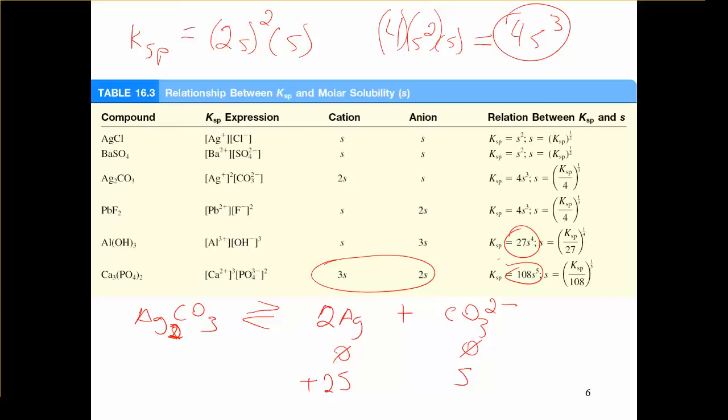You okay with that? Okay. So I get 4s cubed in the end. Now you're not really going to see a lot of this kind of stuff. More this, and maybe these situations here.